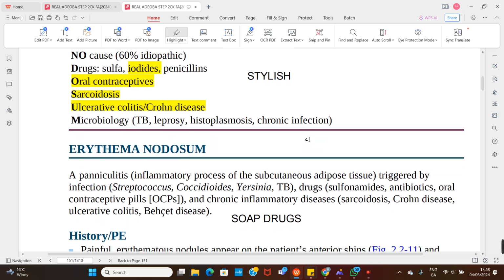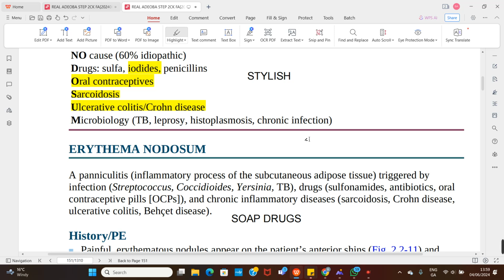So what is erythema nodosum itself? Erythema nodosum is a panniculitis. Very important stuff, because sometimes you might be asked to make the diagnosis, and the next thing is, what is peculiar about this lesion? That is going to be in the option. This is a panniculitis. It is due to immune complex deposition.